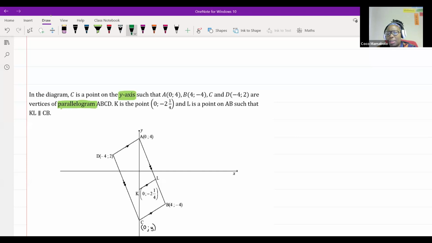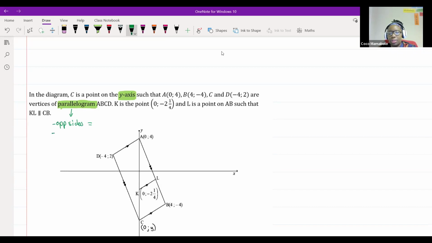Can anybody give me some properties of a parallelogram? There are a few that we already know. Anybody name one? There's quite a few, but we can think of the easiest ones that we're used to. Correct. Opposite sides are equal. Lovely. We know that the opposite sides of a parallelogram are equal. Anything else?